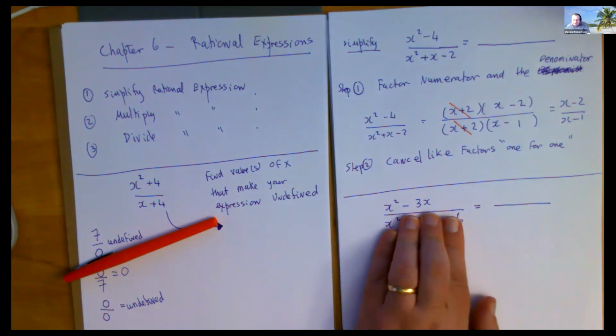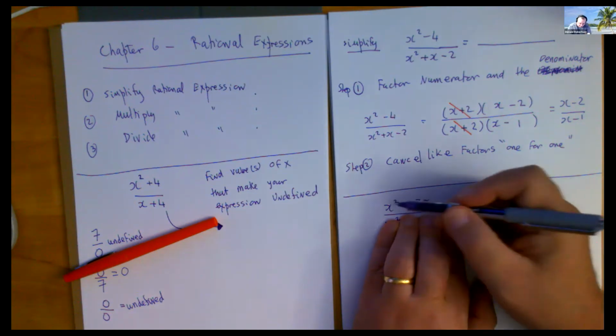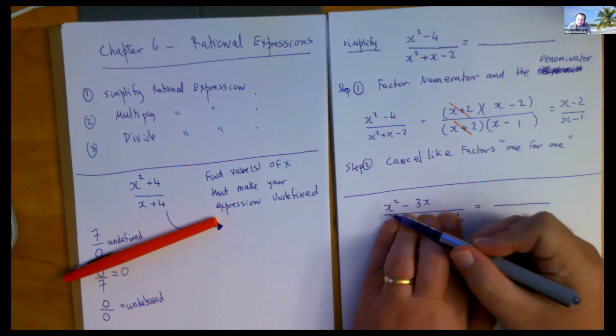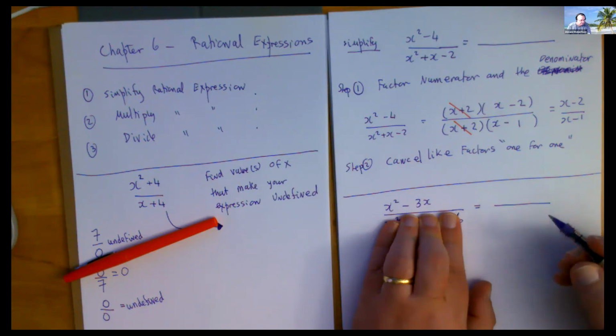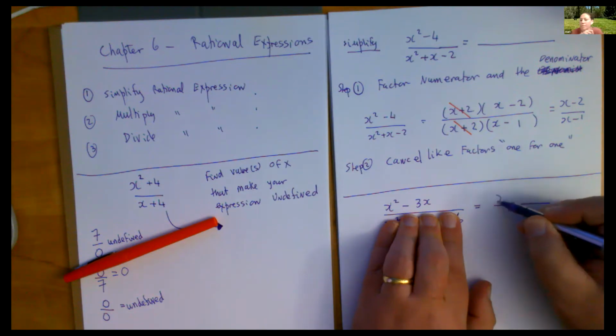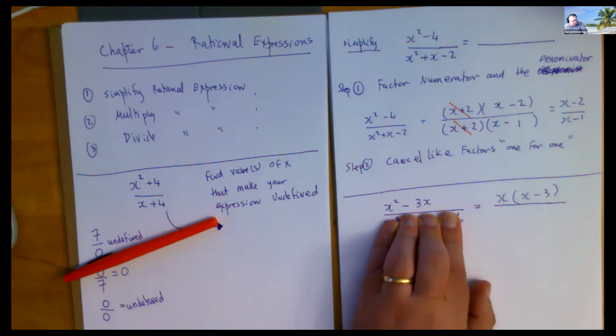Let's focus on the top. In this case, it's not a difference of two squares, and it doesn't have three terms, so it's not a trinomial. Think tricycle, three wheels, right? It's a common factor situation. So what is the common factor of x squared and negative 3x? The x. And when you pull out that common factor, do you see you get that? Are you happy about what it looks like?